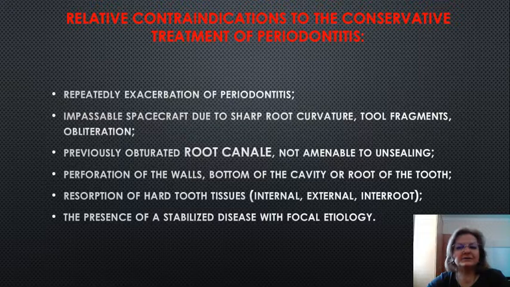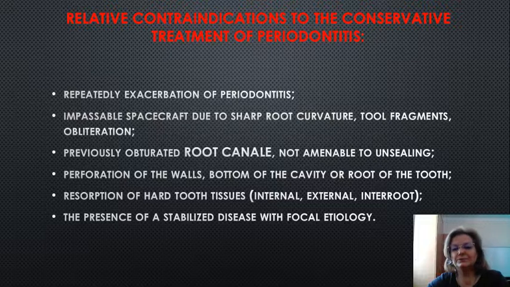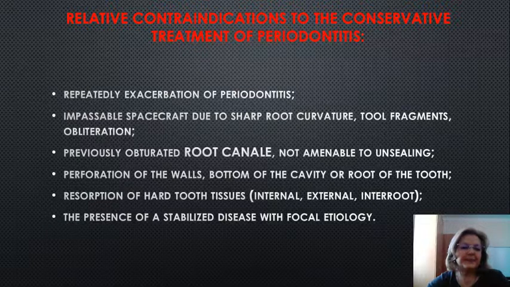Relative contraindications to the conservative treatment of periodontitis. Repeated exacerbations of periodontitis. The next, impossible instrumental treatment due to sharp root curvature, tool fragments, and obliteration of root canal. The next contraindications: previously obturated root canal, not amenable to unsealing.